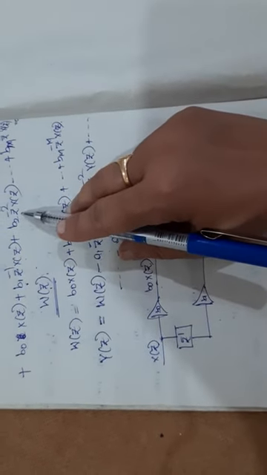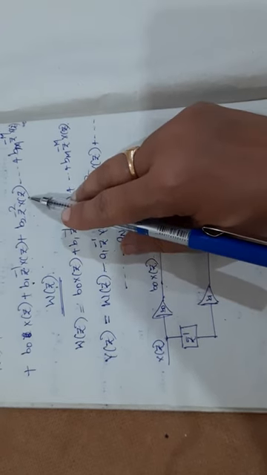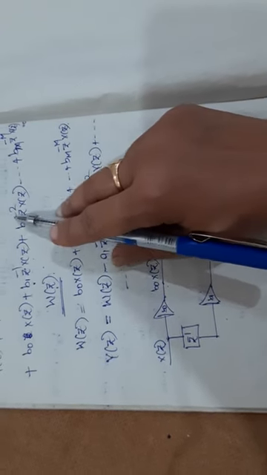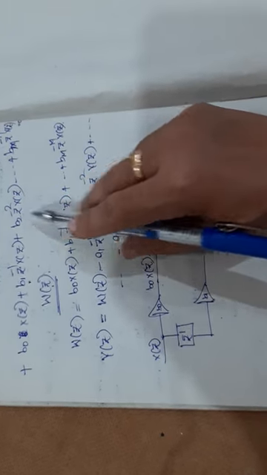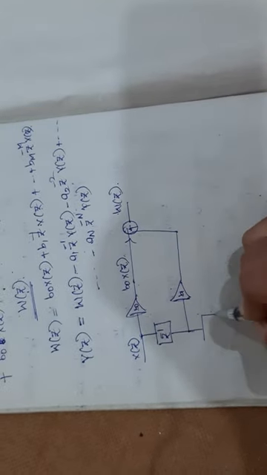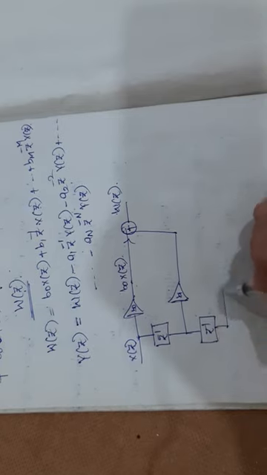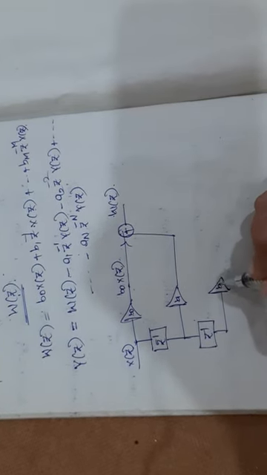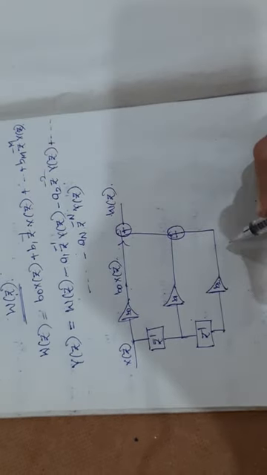Next, the second equation I am having is B2 Z power minus 2 into X of Z. Z power minus 2 means 2 times delayed. Okay, so here already one time delayed. If I add one more delay element to this, it is 2 times delayed and it is multiplied with B2, and this is added here.